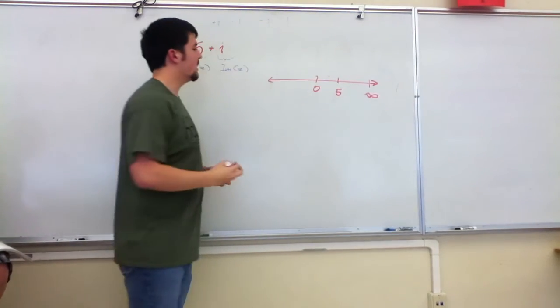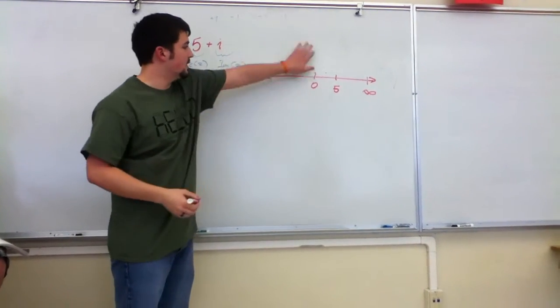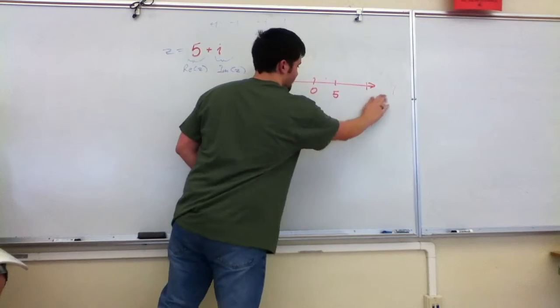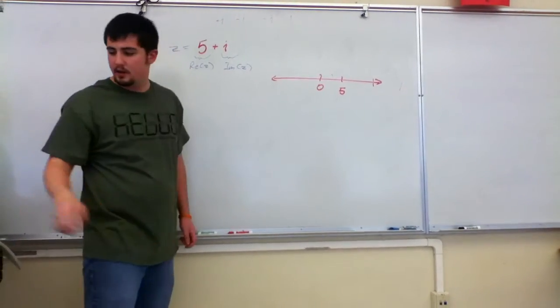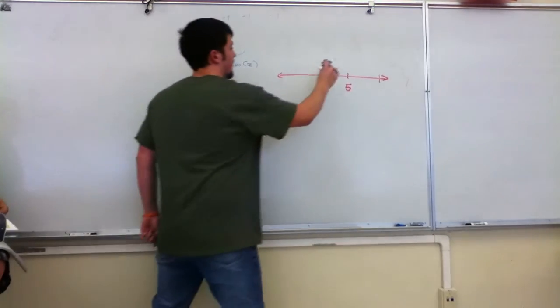Anyway, you have all these numbers on this real line. And if you add a complex line, you get something even cooler.